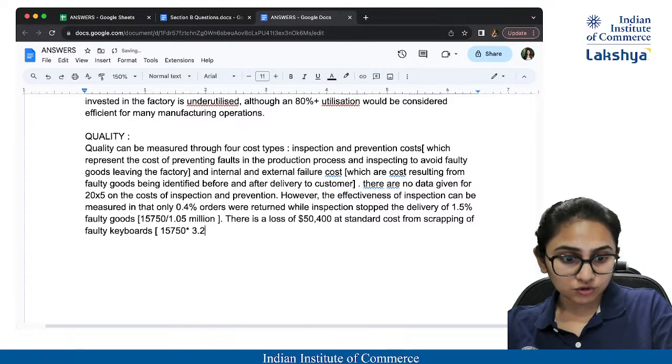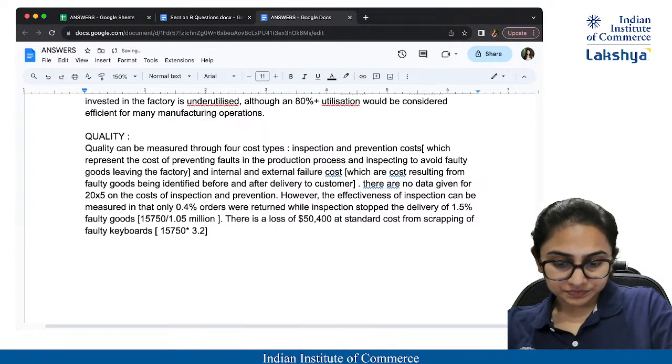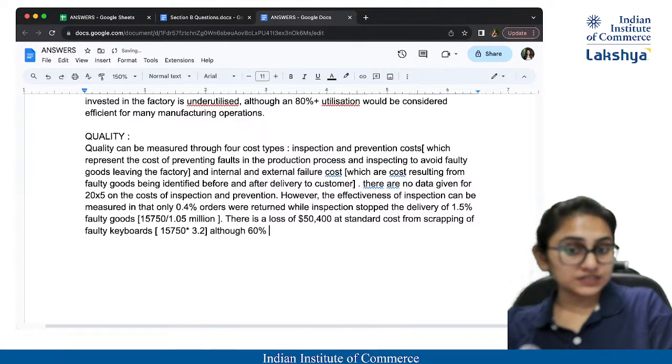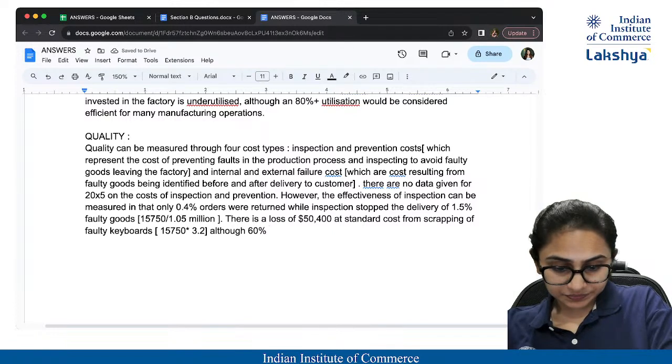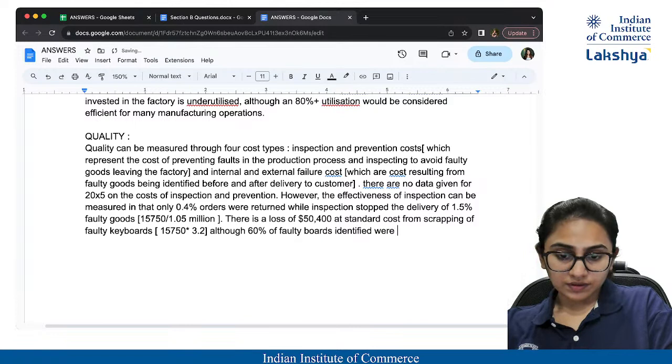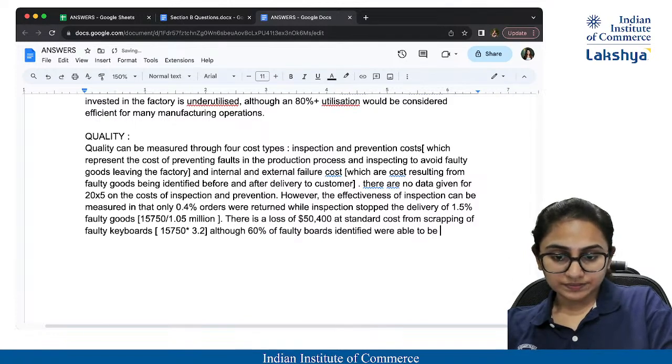This is the actual cost of scrap. Although 60% of this, that is 60% of 15,750, were repaired, refurbished, whatever word they have used, of faulty boards identified were able to be repaired.